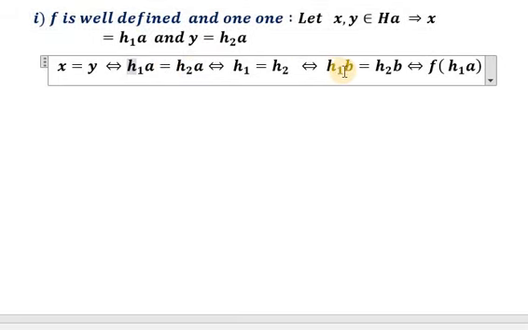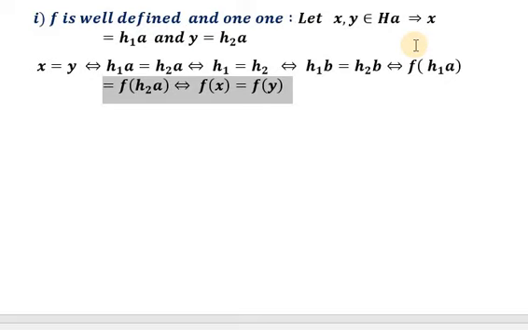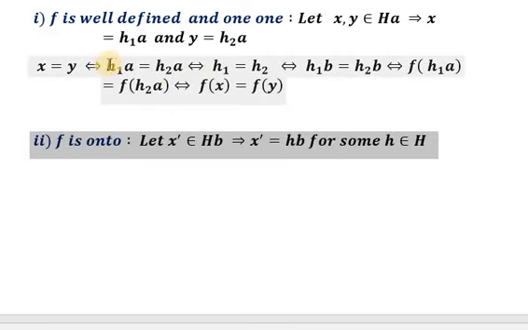Further, this implies h1b is equal to h2b. That implies f of h1a is equal to f of h2a, which implies f of x is equal to f of y. It means we took x equal to y and proved f of x equal to f of y. Therefore, f is well defined and one-one.